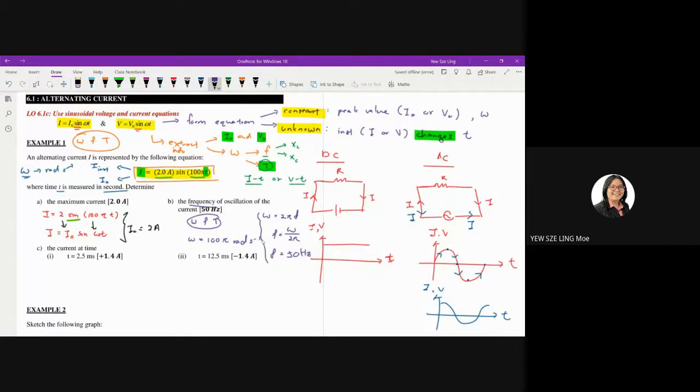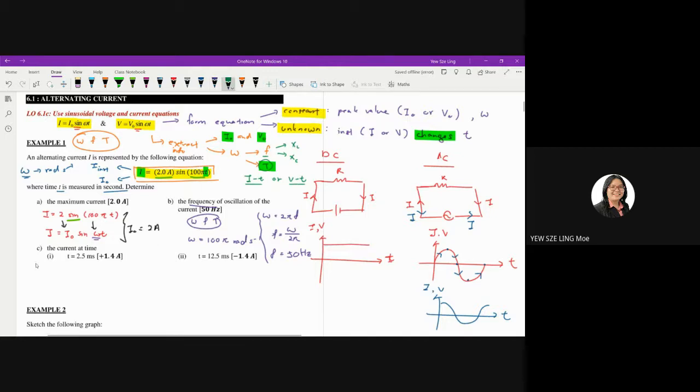So that is how you solve question B. You try to find the family of frequency, who is coming from the same family, either the omega or the period. When you do comparison with the general equation, straight away you can obtain omega. Therefore, we use omega in question B, because that is the information that you can obtain from the equation straight away.